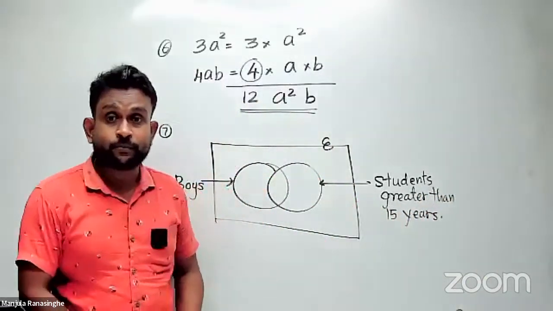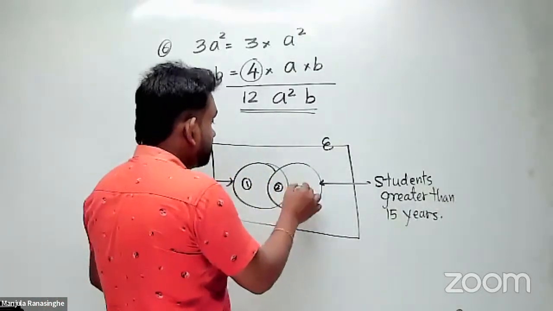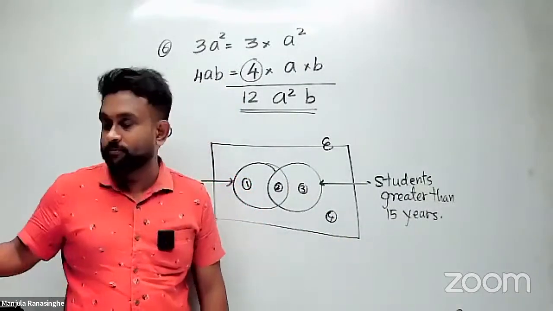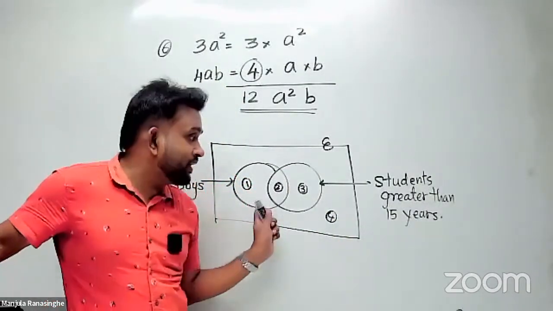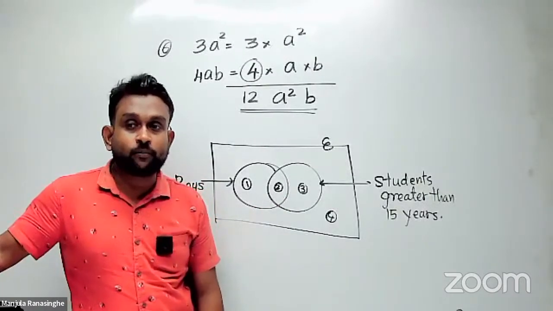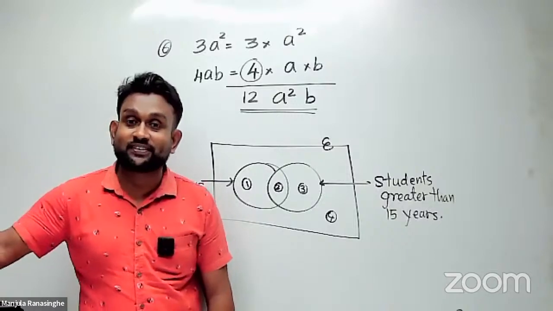Now if I mention the regions, understand the concept. Here the two subsets they are discussing are what? The boys is one subset and the other subset is students who are greater than 15 years. Those are the two subsets.